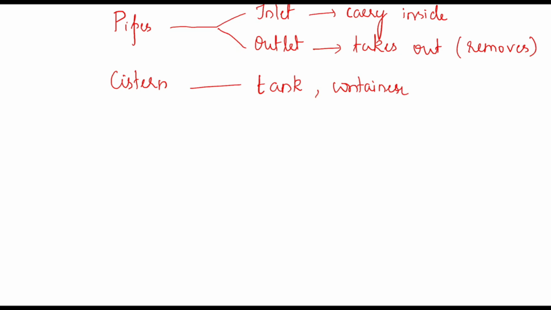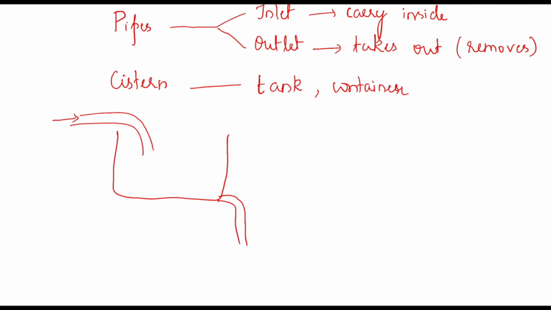So if this is a tank, and this is one pipe here and there is one more pipe here. This pipe we call inlet pipe, since it is carrying water inside the tank.